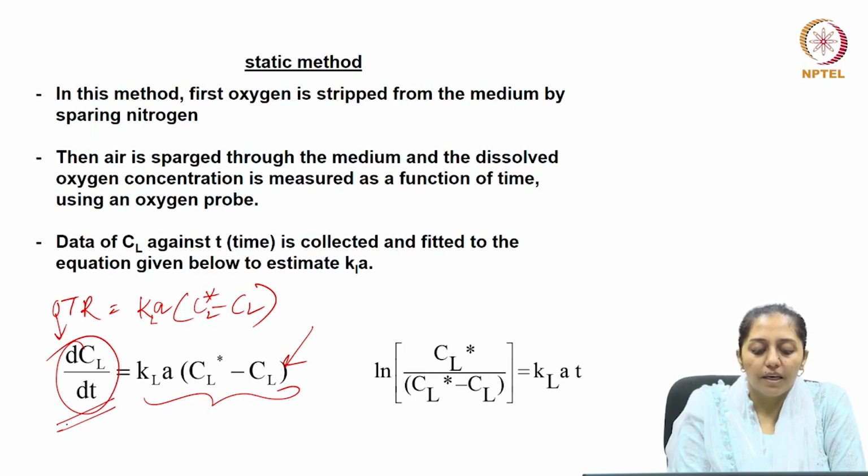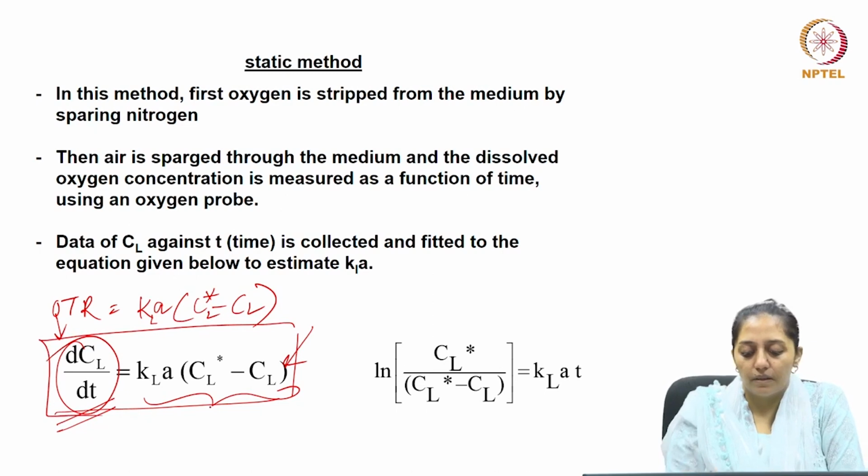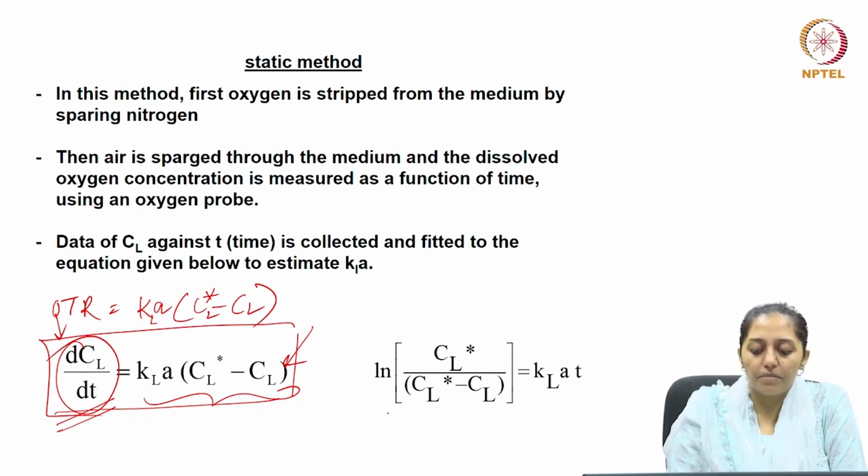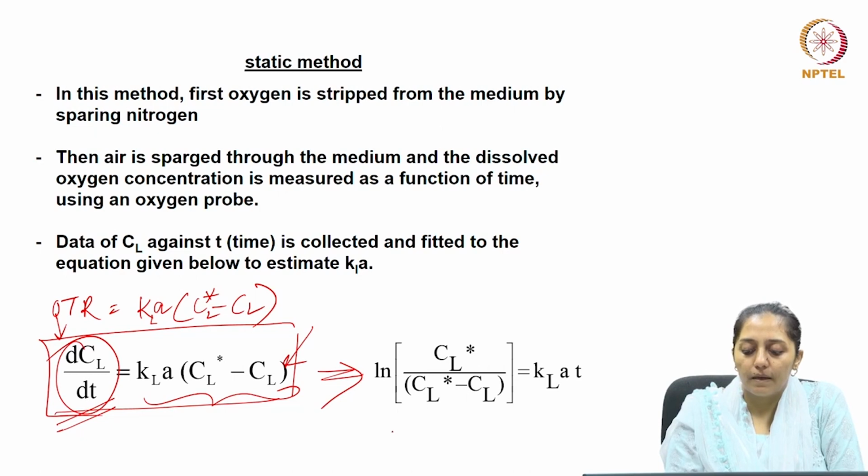So, now if we integrate this equation given here, then it becomes a linear function as shown here, and if we make a plot of ln Cl star by (Cl star minus Cl) versus t, then the slope of that line can give us the KLa.